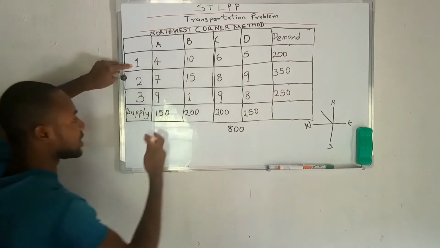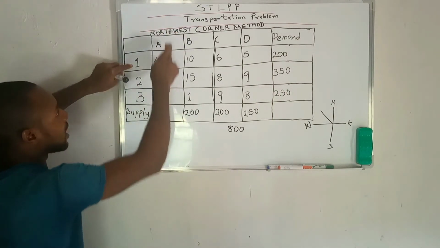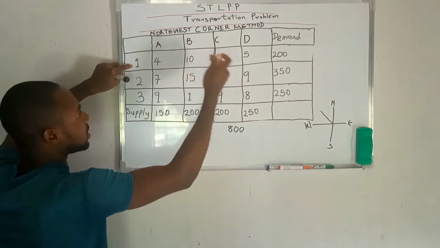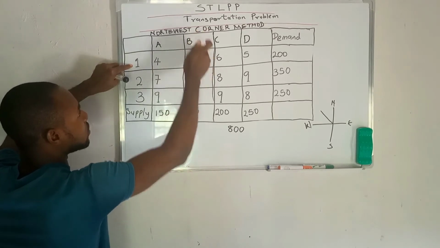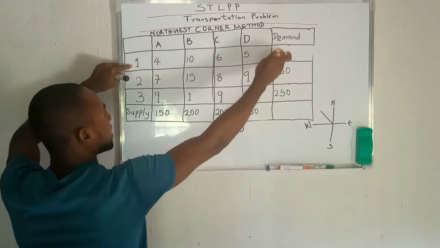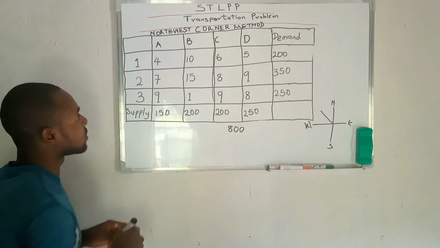So what do we do in this case? We supply the 150 goods that we have in unit A, and then we go to the next route to the first store and supply the remaining that they want. So we are going to supply 150 goods to this place.